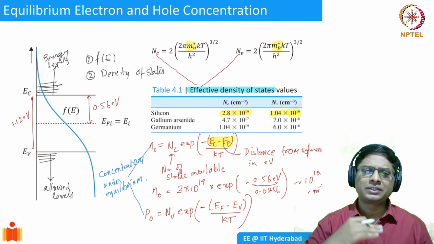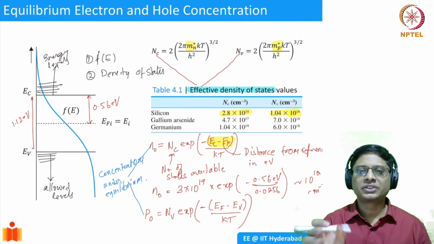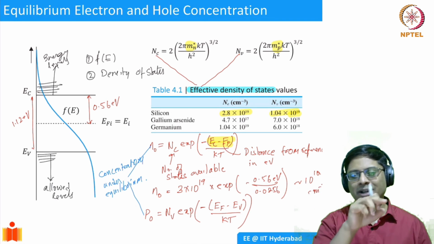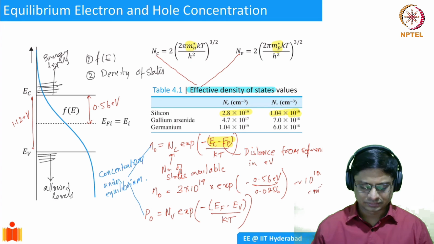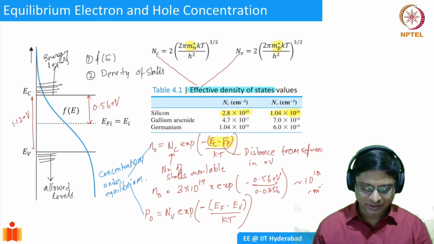Starting from EC, there's going to be a certain distribution, and we make certain approximations and finally come up with these constants, the effective density of states. It's as if all of the states are collapsed at EC. But anyway, we will revisit that if necessary in the later stages.